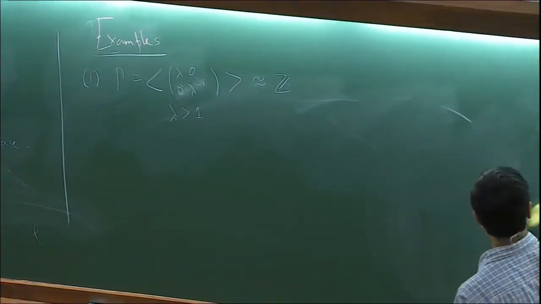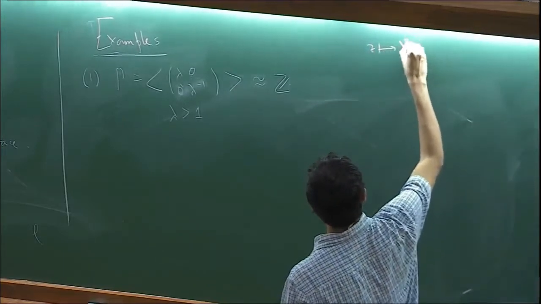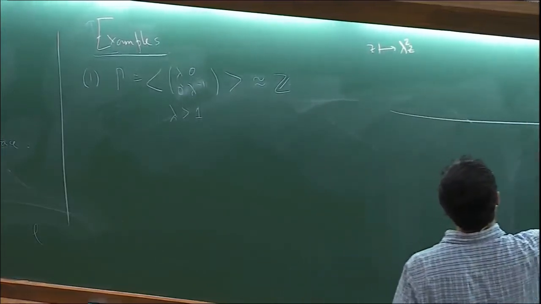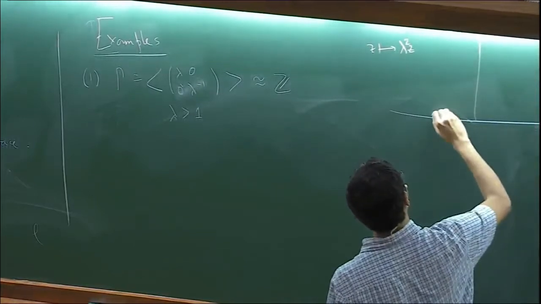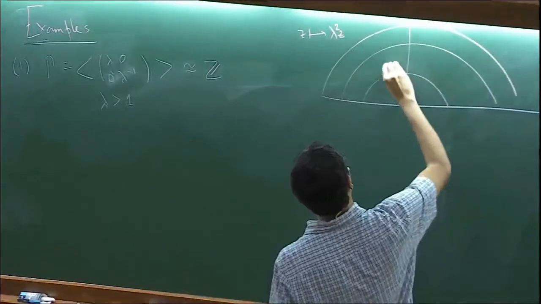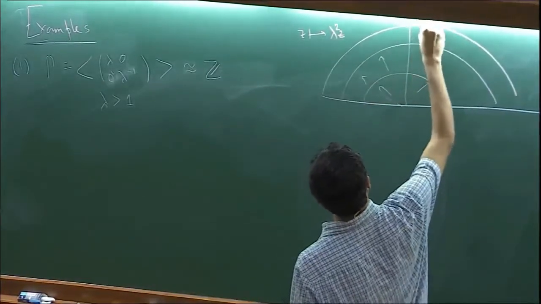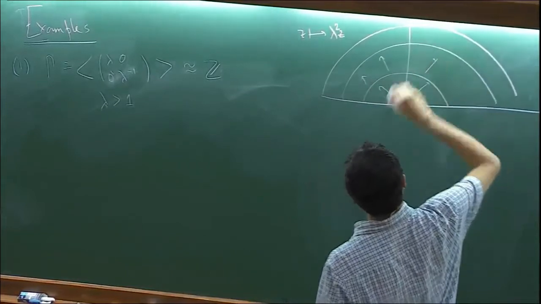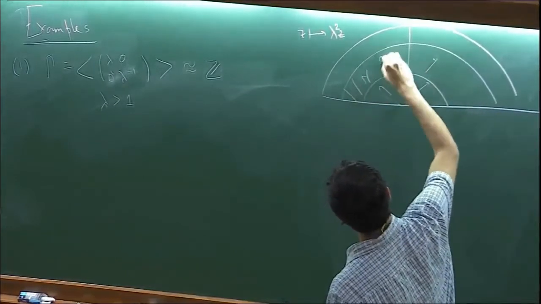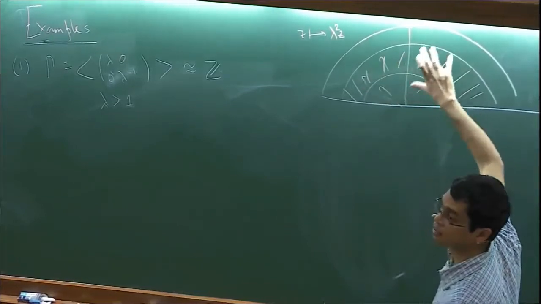Well, the action is the dilation, z goes to lambda squared z. So it looks something like this: everything sort of dilates, it pushes outwards. There's a geodesic axis here, and the fundamental domain looks something like this, between two geodesics.